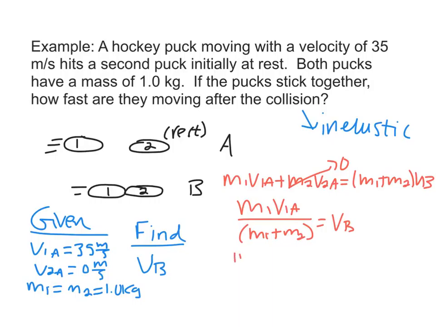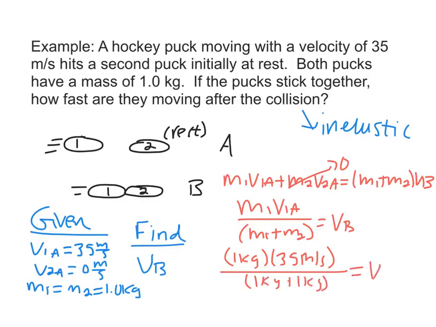So my mass is 1 kilogram times V1A, 35 meters per second, over 1 kilogram plus 1 kilogram equals VB. So 1 times 35 is 35. 35 over 2 is equal to 17.5 meters per second.